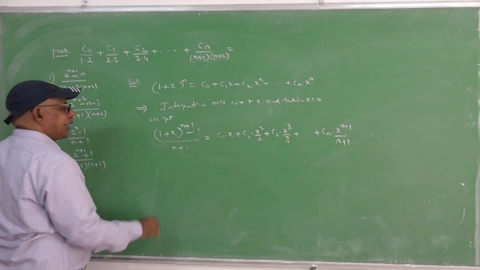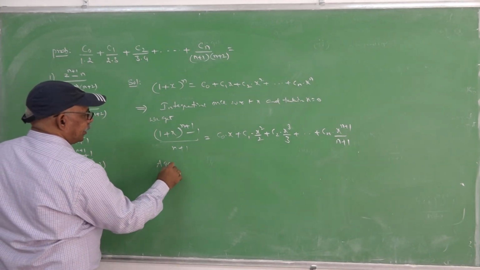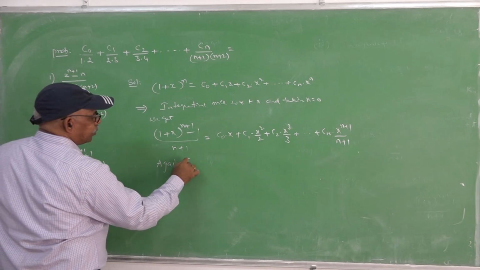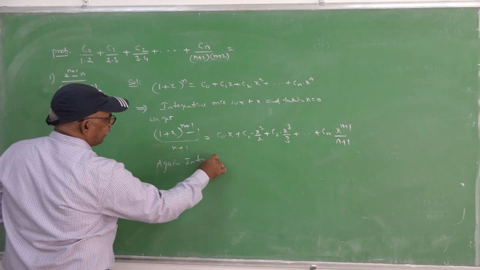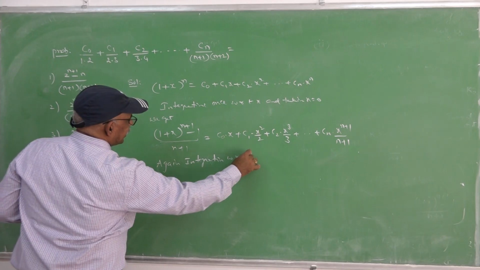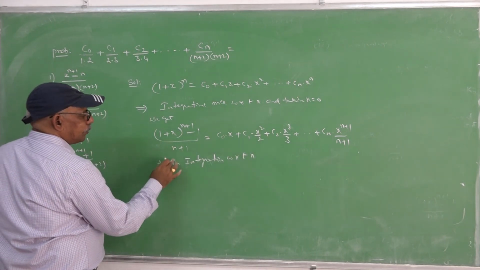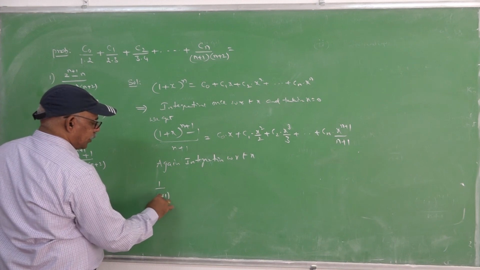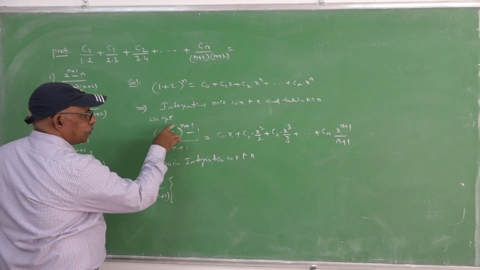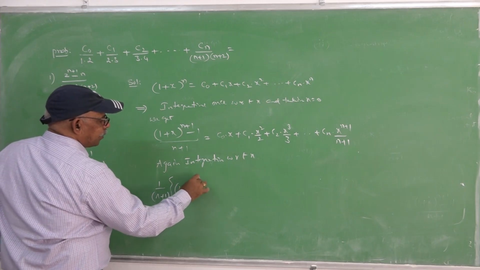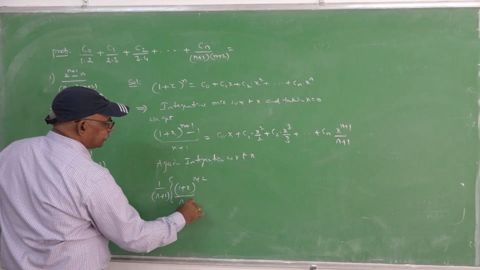Again integrating. This result is already given to you. Again integrating both sides with respect to x on both sides, we get 1 by n plus 1 into, of course, integral of 1 plus x whole power n plus 1 is 1 plus x whole power n plus 2 by n plus 2.